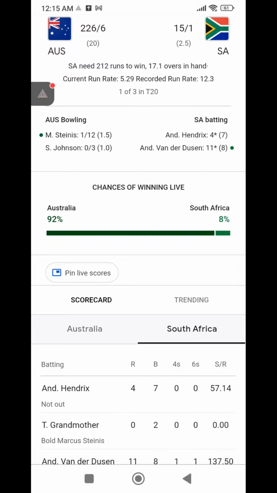Stoinis 1 of 12 in 1.5 overs and Johnson 3 runs in 1 over. Hendricks 4 and Van der Dussen 11. 15 for the loss of 1 wicket, South Africa.